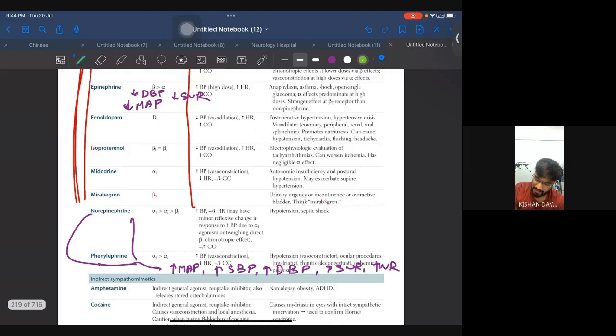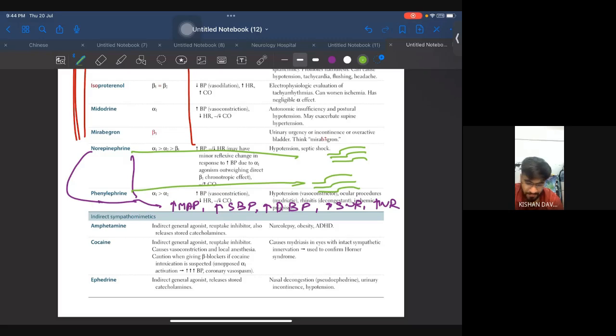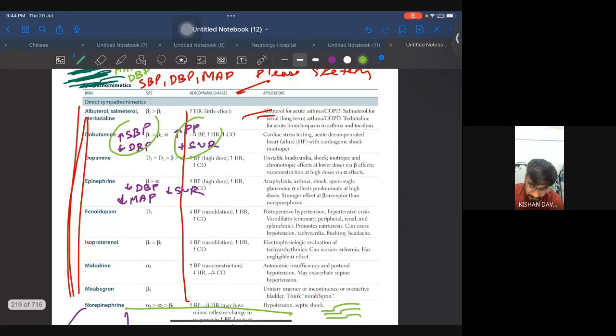Okay, so what will be the curve for phenylephrine? HBP increase, MAP increase, DBP increase. So this is how you are going to remember phenylephrine. Let's do norepinephrine. As I told you, both are same. Increase, increase, increase. Now going to epinephrine.